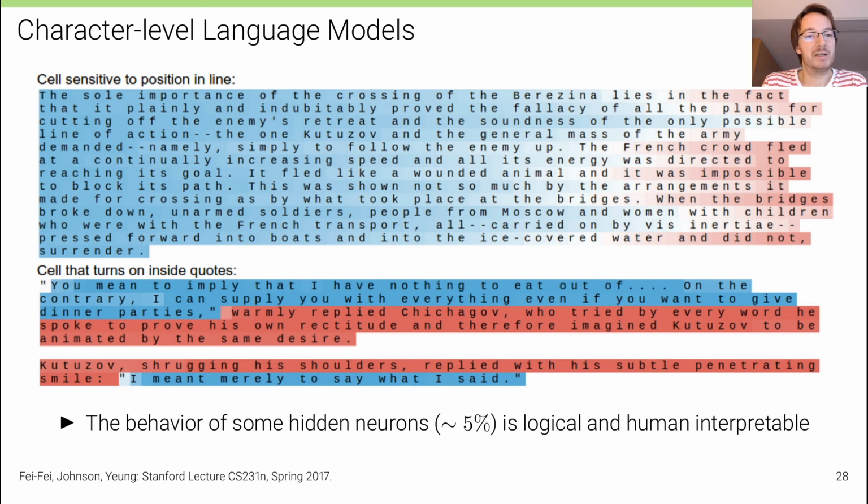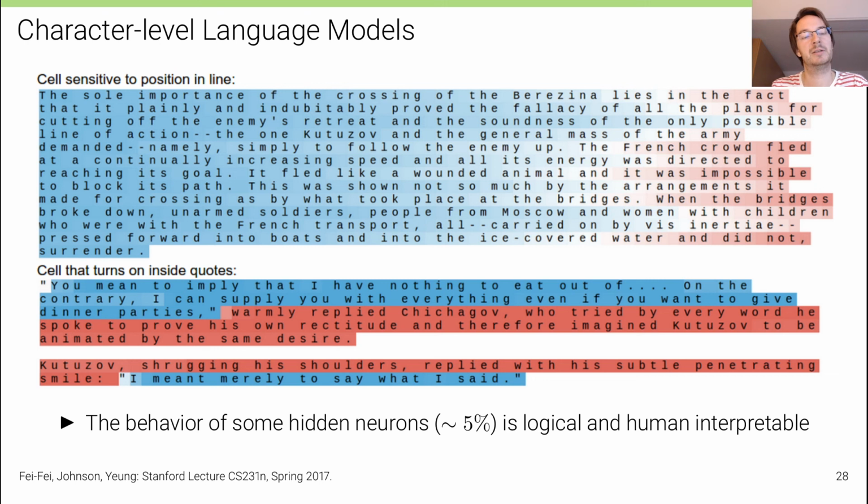One interesting thing now is to look at what this model has learned, of course. And while only 5% of the neurons that the authors have looked at seem logical and human interpretable, what these neurons have learned is actually quite interesting. So for instance, what you see here in color, from blue to red, is how much a particular neuron inside that RNN activates.